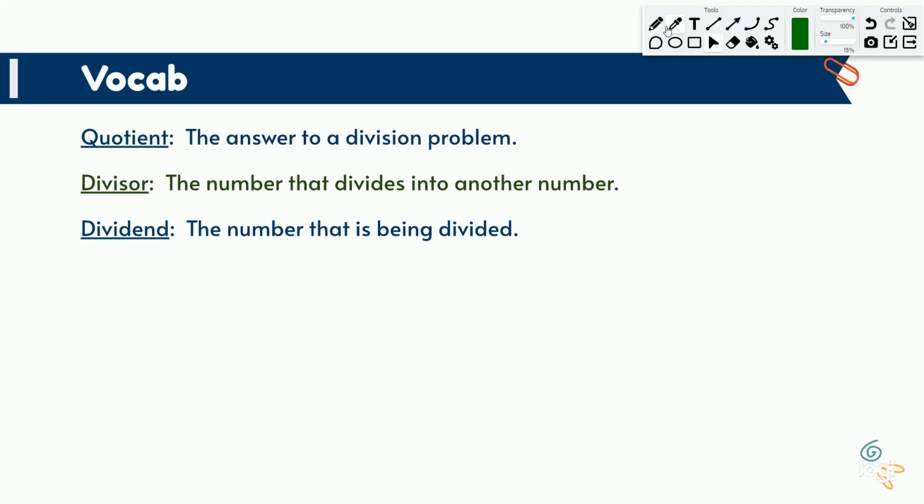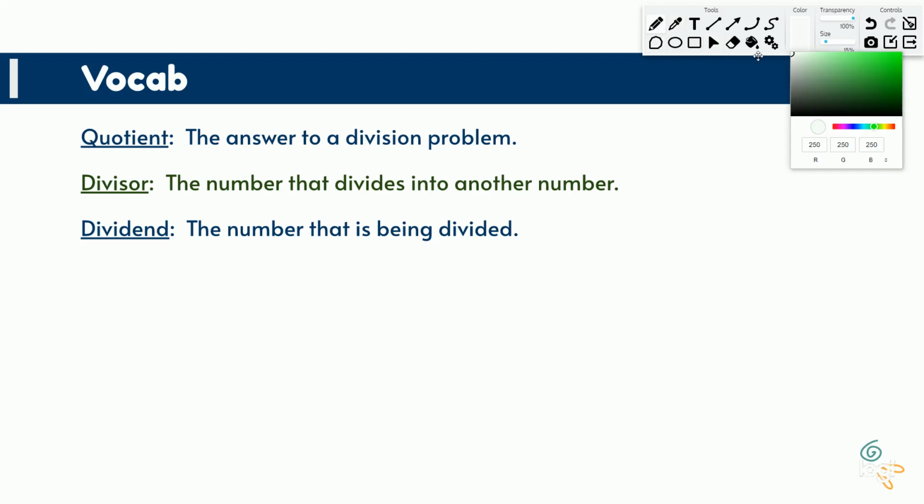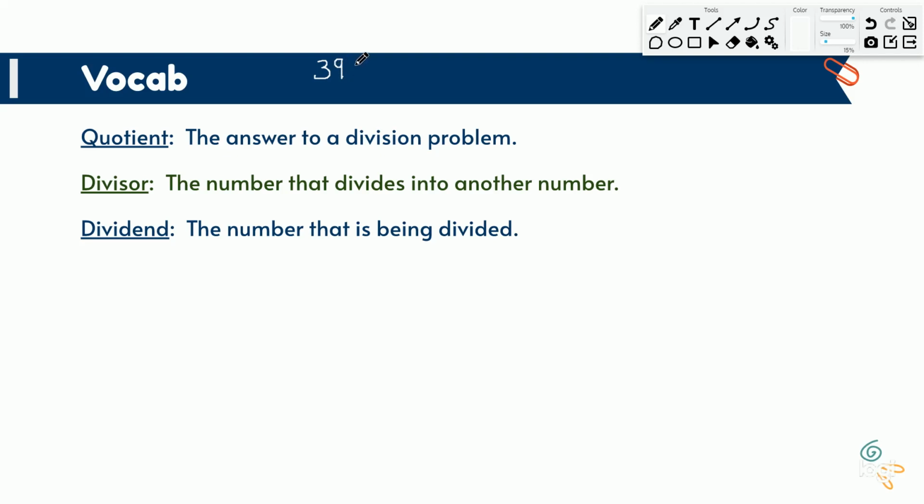So, for an example, let's say we have 390 divided by 15, and that equals 26.